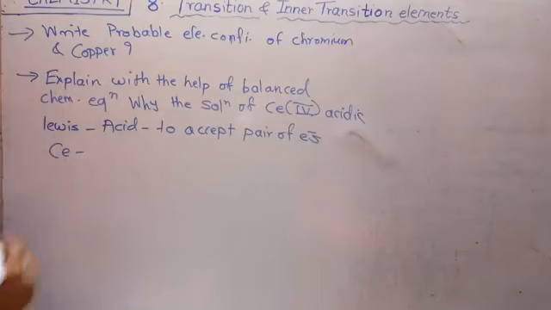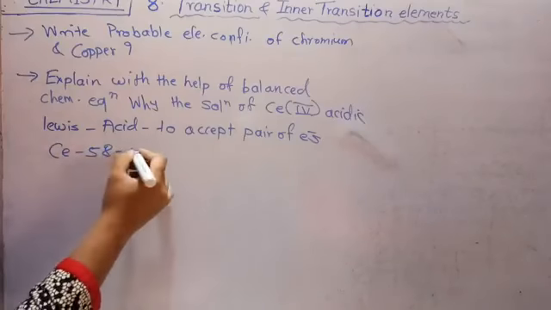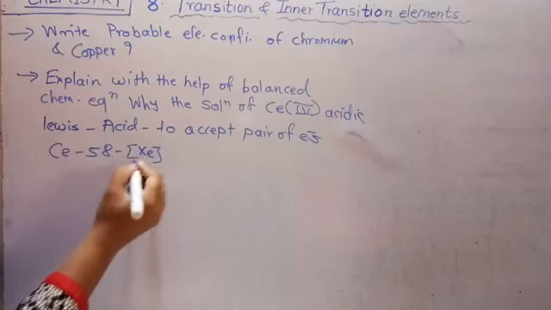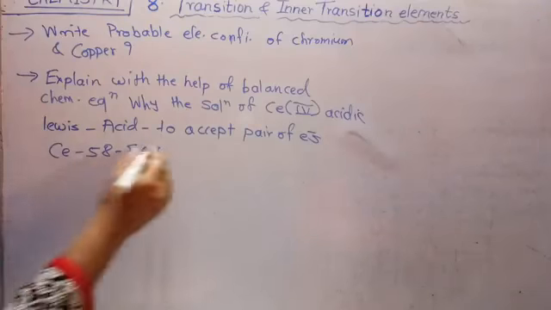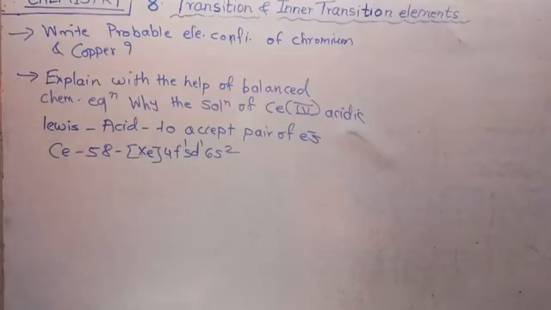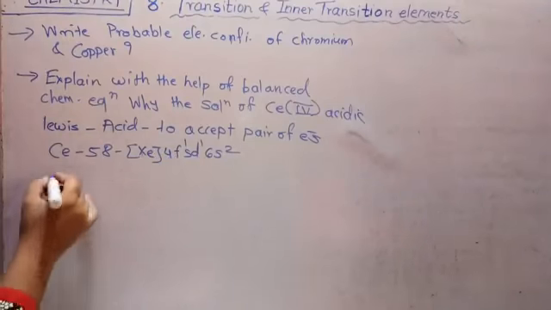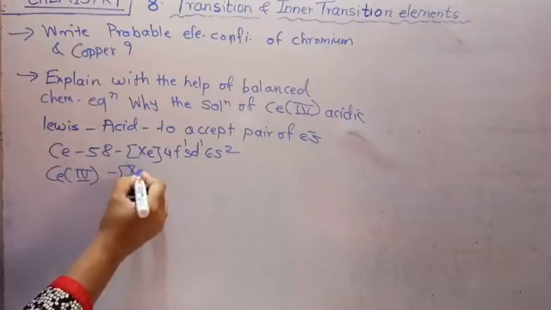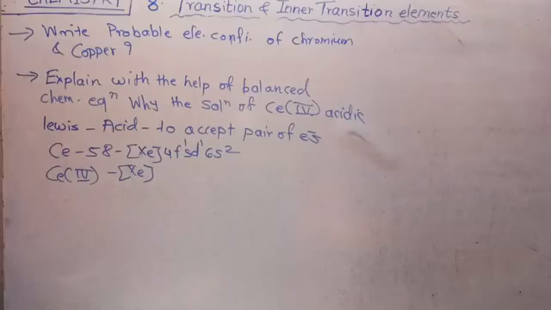Cerium has atomic number 58, and shows the electronic configuration xenon 4f1 5d1 6s2. Then for cerium 4, the electronic configuration is only xenon. So you see that cerium 4 can accept a lone pair of electrons.